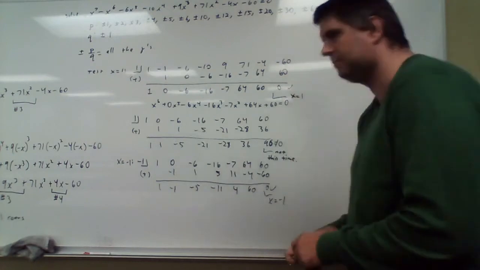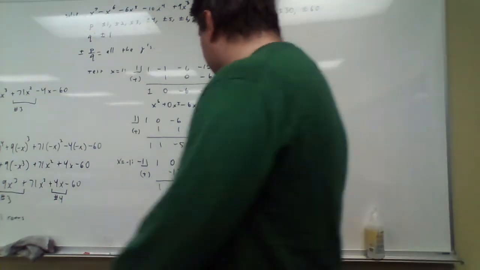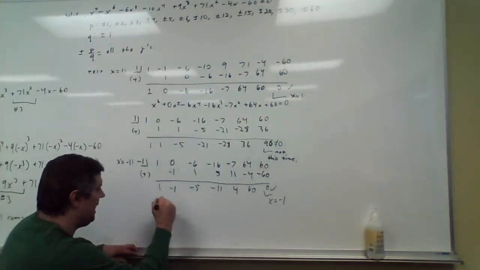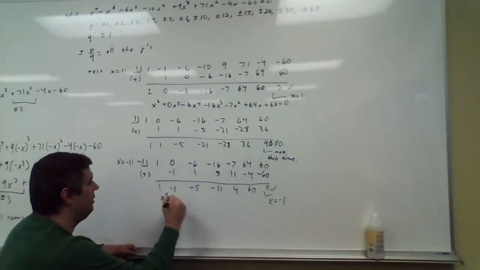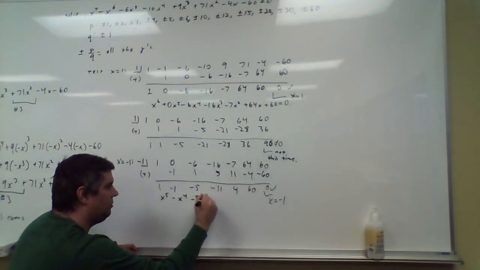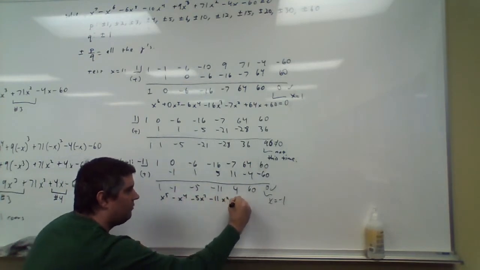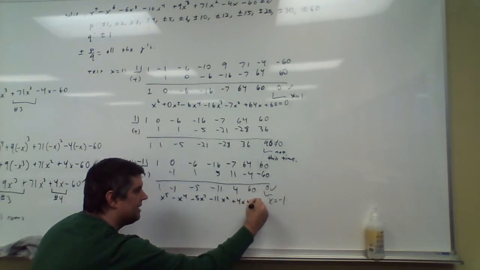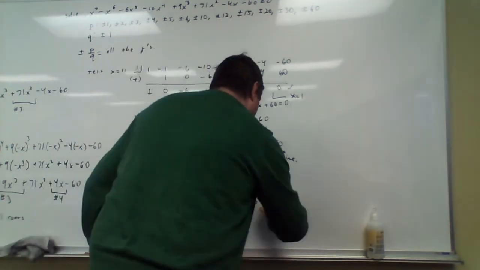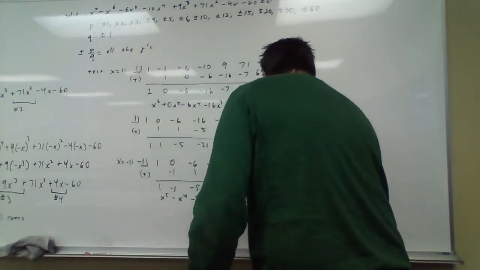All right? I also have x to the 5th minus x to the 4th minus 5x cubed minus 11x squared plus 4x plus 60. X equals negative 1.